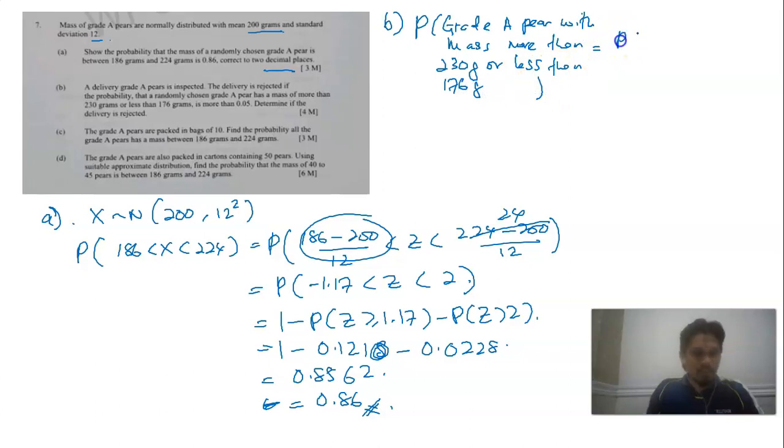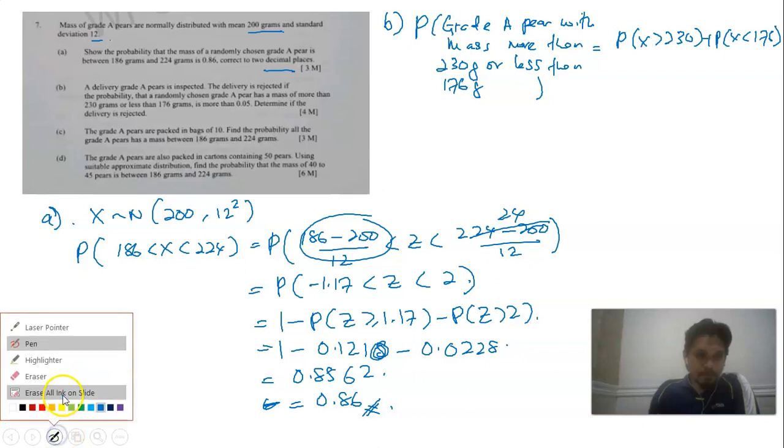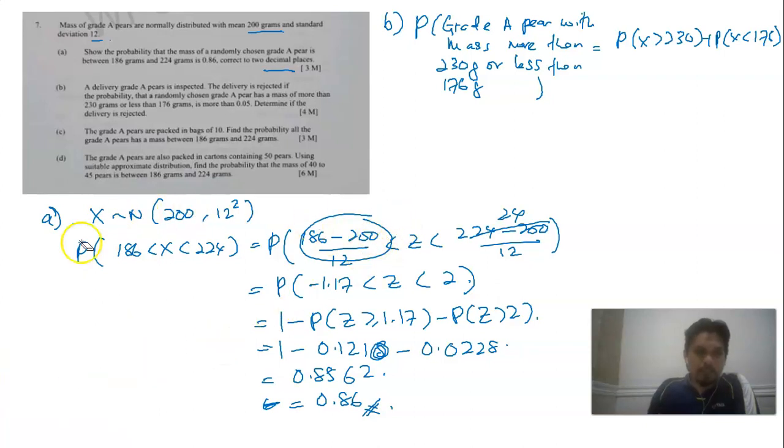Okay, for this one here is probability of x greater than 230 plus probability of x less than 176. So in this case, okay, I clear for the first one here now.